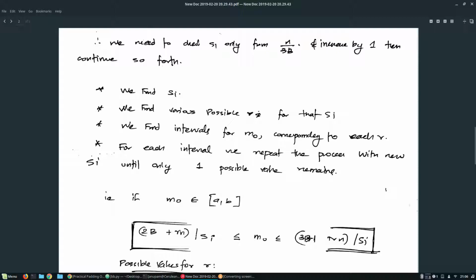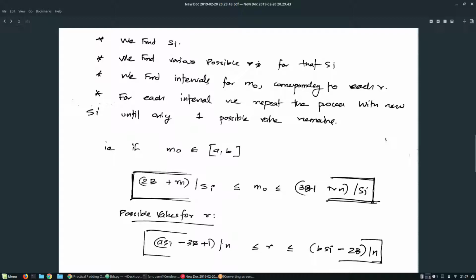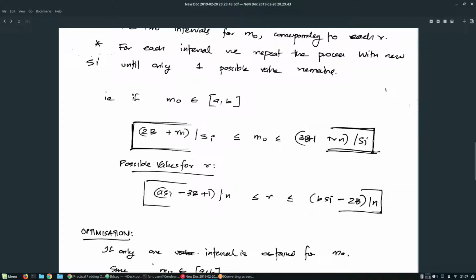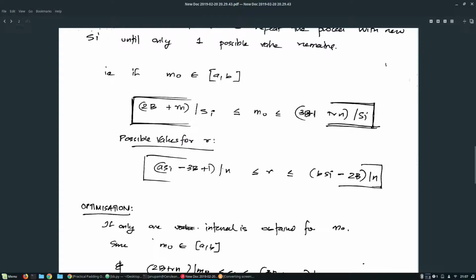That is going to be our final answer. And this basically means that if it's a general interval a comma b, then the equations that we found out before will change to these two. So you can see over here, we will use this equation in our Python code.